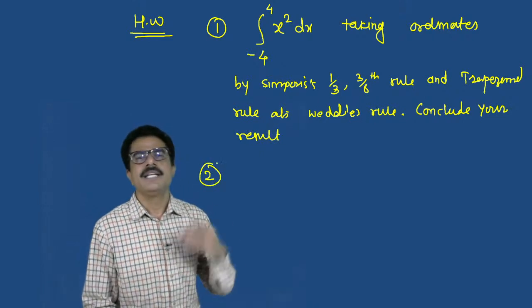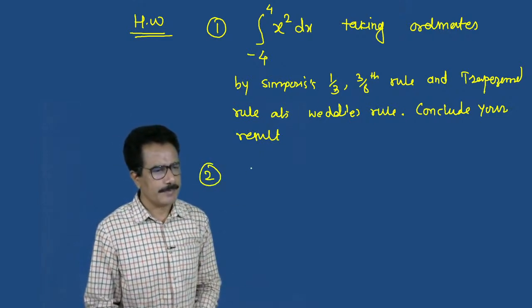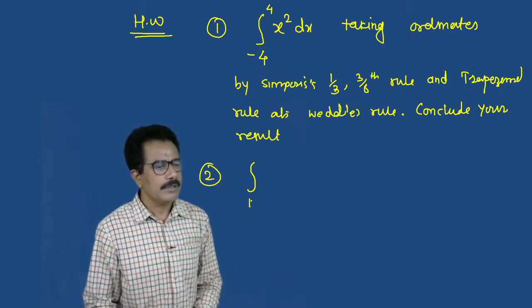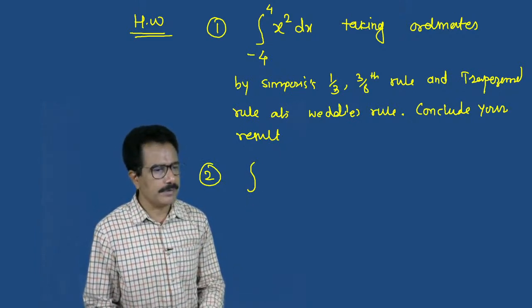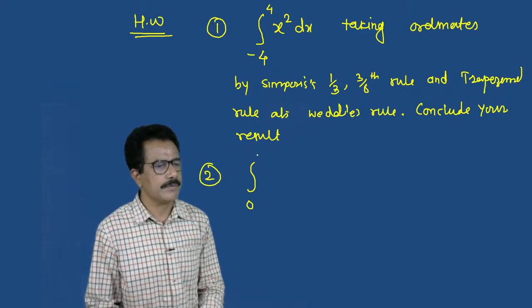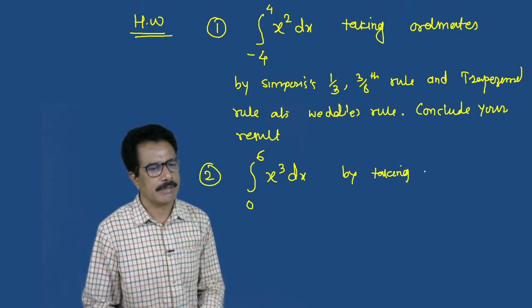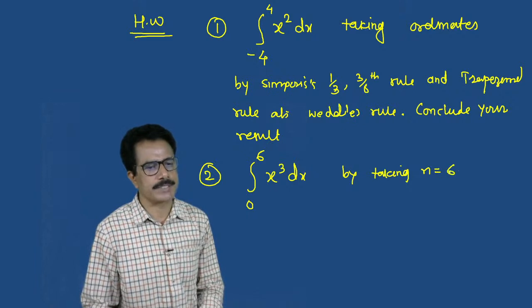Second, same process for integral from 0 to 6 of x³ dx, by taking n is equals to 6.